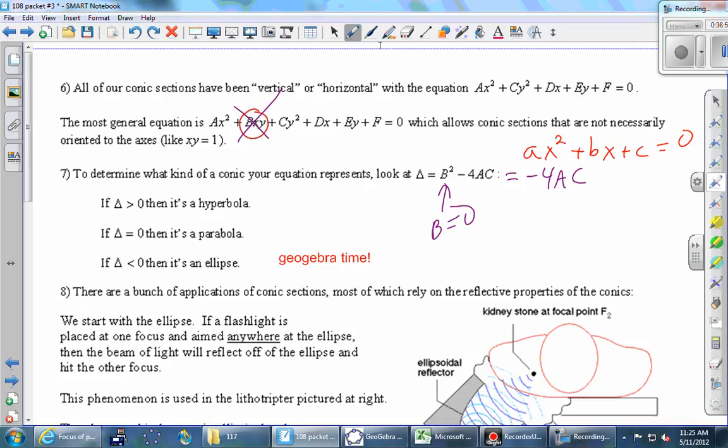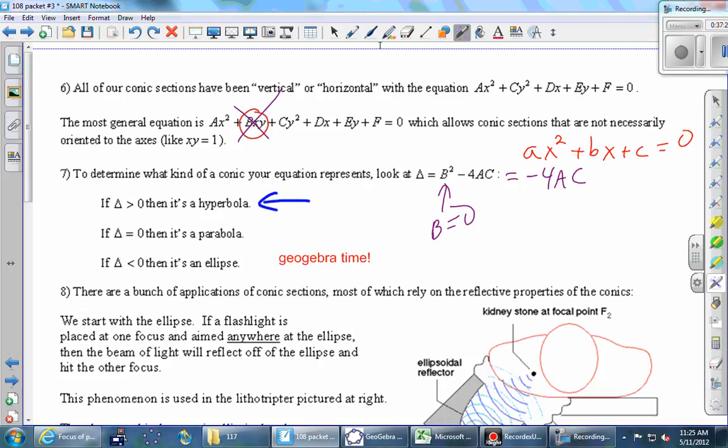Okay, if A and C have the same sign, then what can you tell me about negative 4AC? It's going to be negative, right? Because A and C multiplied will be positive no matter what. So when I said A and C having the same sign makes it an ellipse, well, okay, it's true, but there's even more stuff. It's better than that. If A and C have opposite sign, then what can you say about this? It's a positive number, and if it's a positive number, it's a hyperbola.